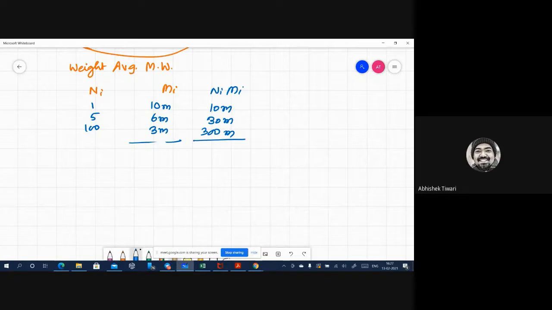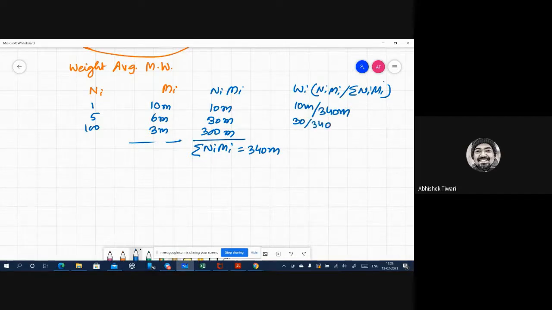So the summation of NiMi is 340m. And then I have to calculate the weight fraction, which is NiMi divided by summation of NiMi. So that will be how much? For the first one, it will be 10m divided by 340m. For the second one, it will be 30, and m will get cancelled, so 30 divided by 340. And for the third one, it will be 300 divided by 340.